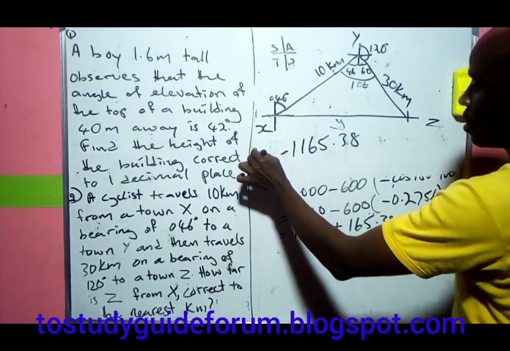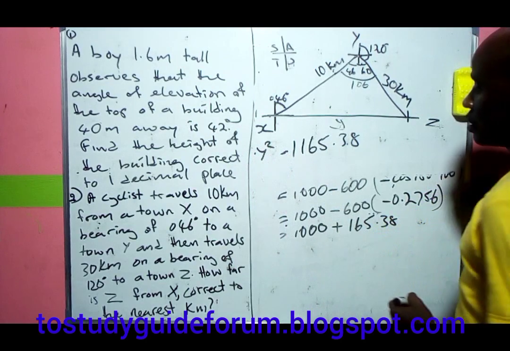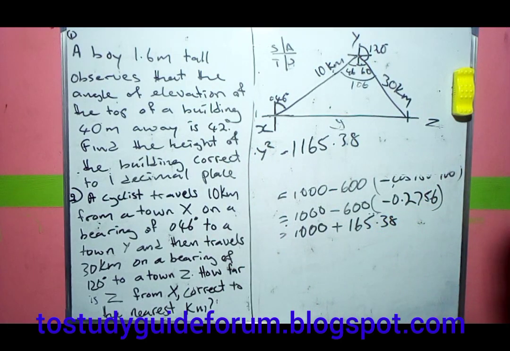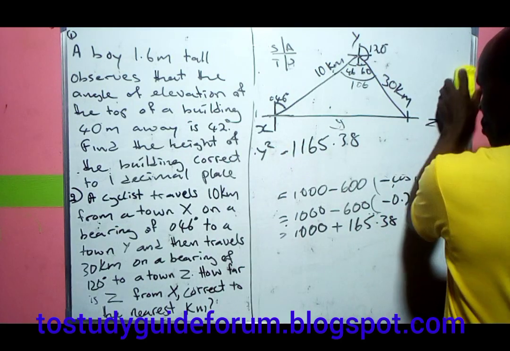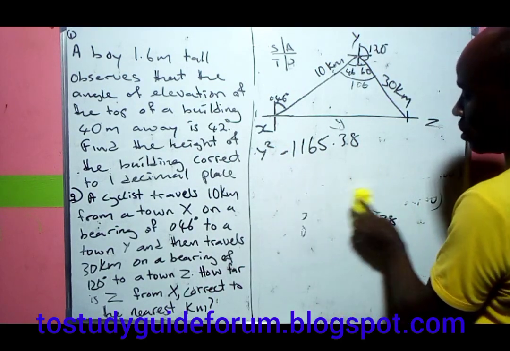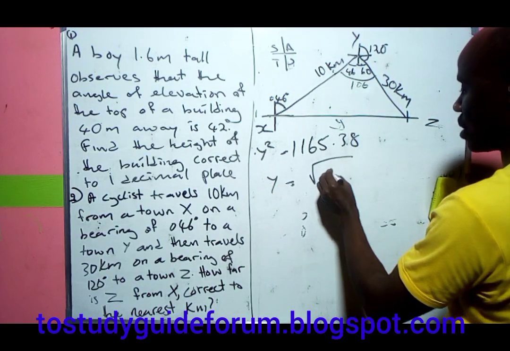Equal to, we are looking for the small y, which is this. So now we have this. The next thing we are going to do to get the value of this y in question is to square root it.